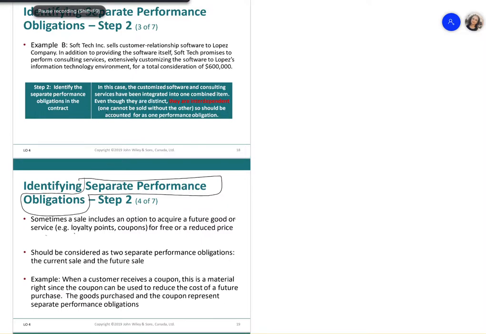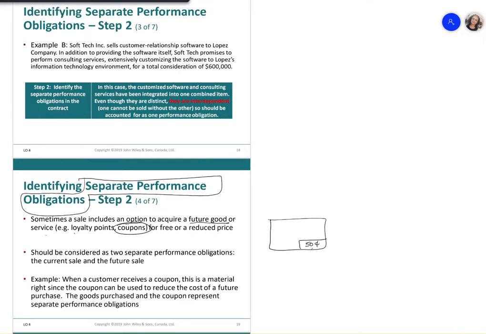The next topic continues with separate performance obligations: sometimes a sale includes an option to acquire a future good. This is when the coupons come in. So you purchase a box of cookies, and on that box there's a 50 cents coupon.